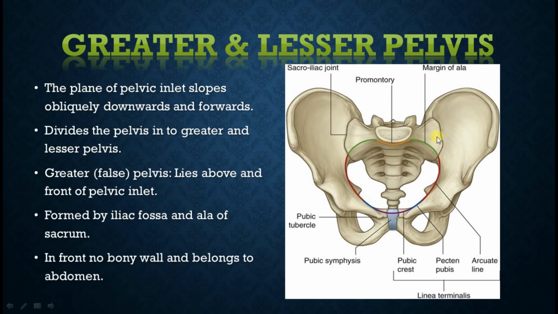So that is the difference between the greater or false pelvis, which is above the inlet, and below the inlet, where we have the lesser or true pelvis, which has the pelvic cavity that lodges the viscera, your genitourinary organs and the lower part of the GIT.